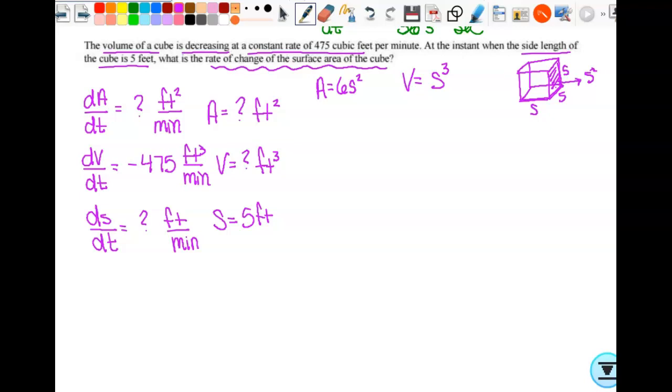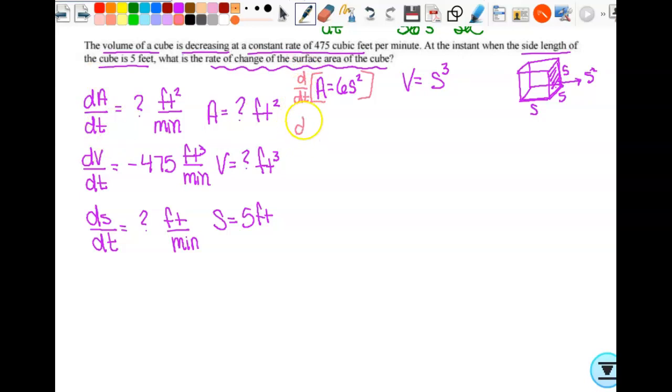Okay. So let's think about what we're looking for and what we can find. The rate of change of the surface area. So I want the rate of change of the surface area. That means I need to actually take the derivative with respect to time. Because that's what I'm looking for, okay?